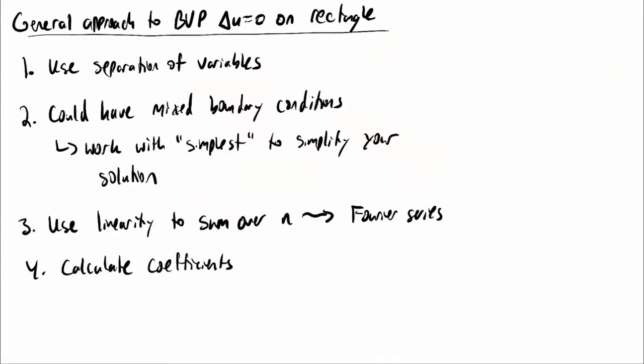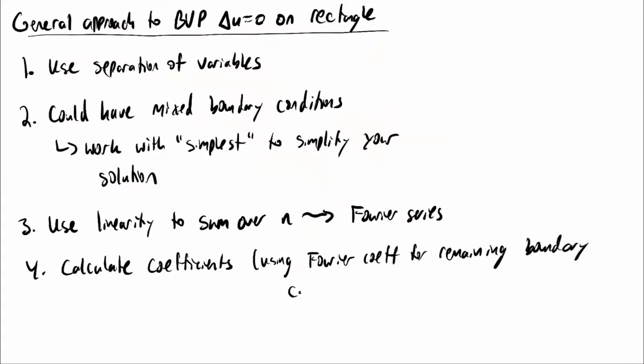In particular, you'll have some constant coefficients that depend on the integer n, right? For each n, you have a different coefficient. And so the coefficients will depend on the Fourier coefficients for the remaining boundary condition, as we did with the function h in the last example.